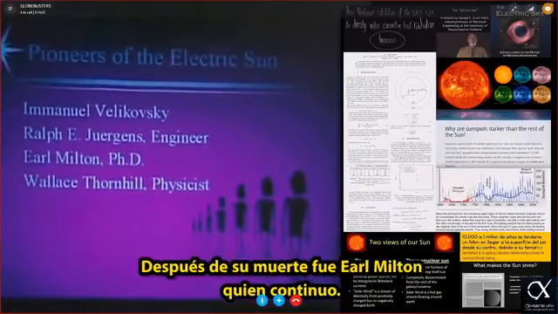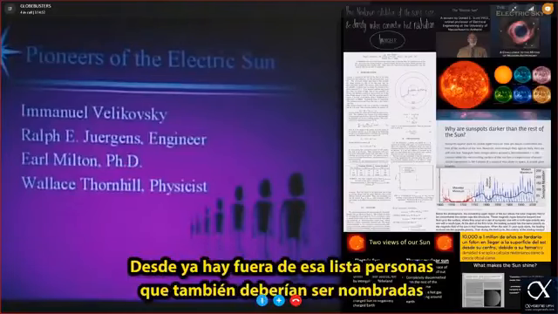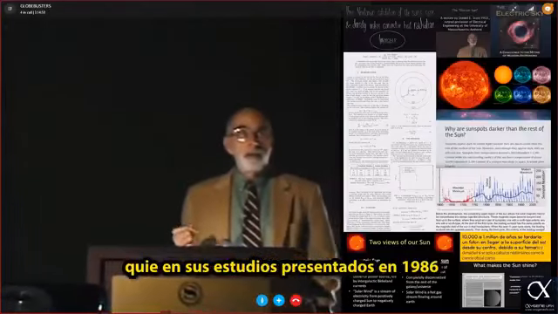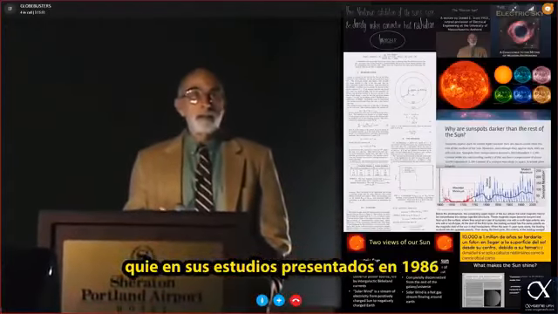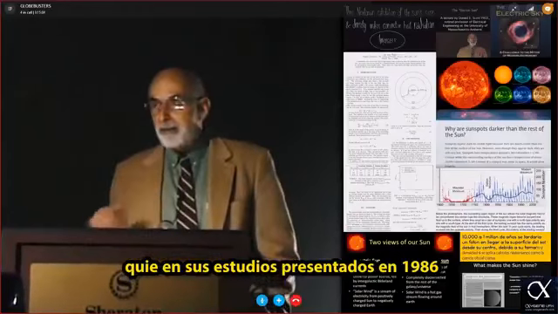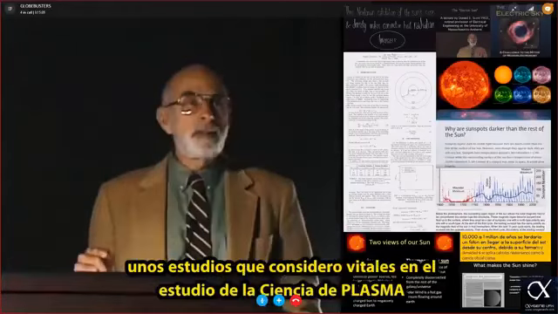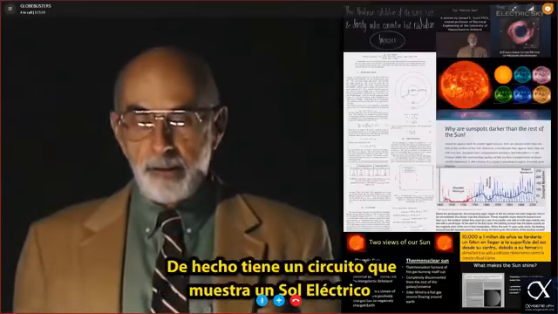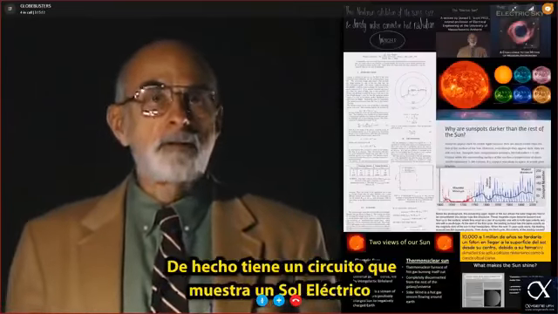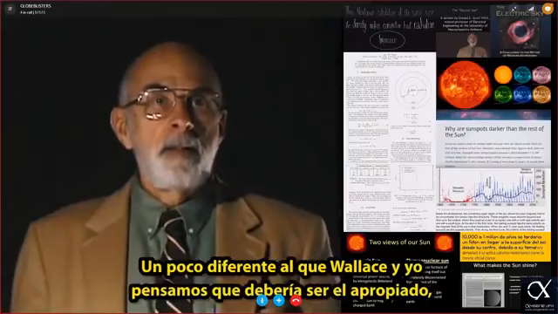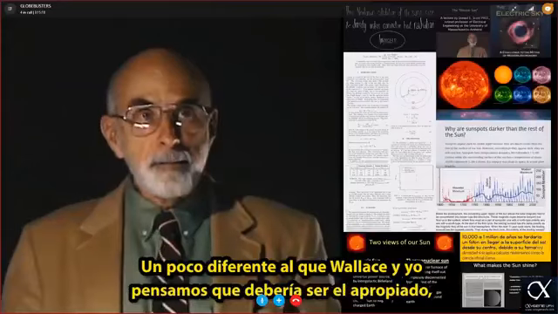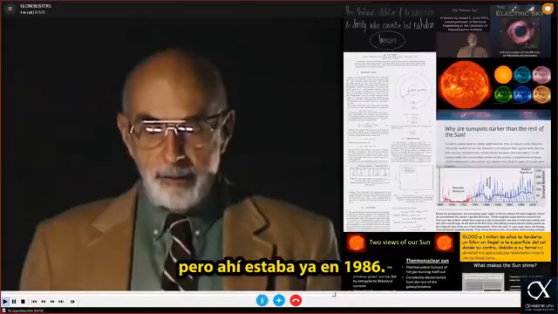After his death, Earl Milton carried it on. There was also, I left persons off that list that should be on there, Hannes Alfvén, who in his paper in 1986, what I consider to be a seminal paper in the IEEE proceedings on plasma science, actually had a circuit that showed the electric sun. It's slightly different from the one that Juergens and Wal and I think is appropriate, but he was there in 1986.